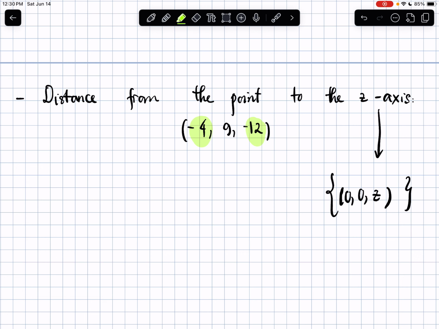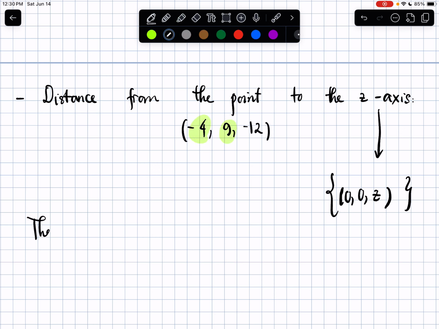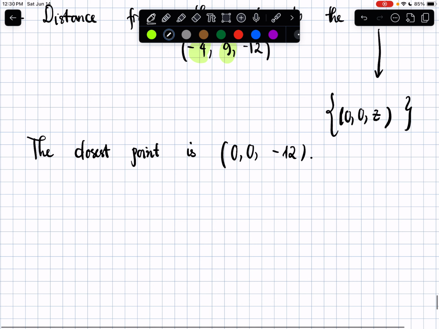So the closest point on the z-axis is (0, 0, -12).